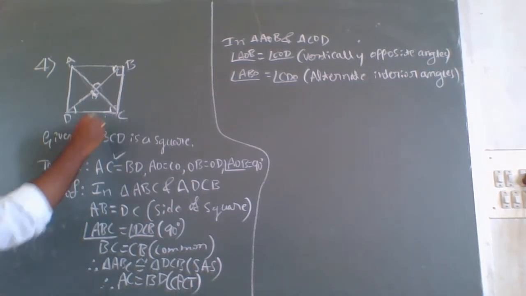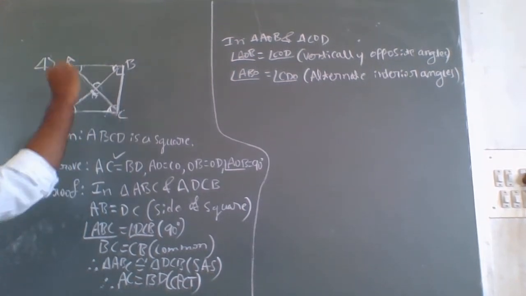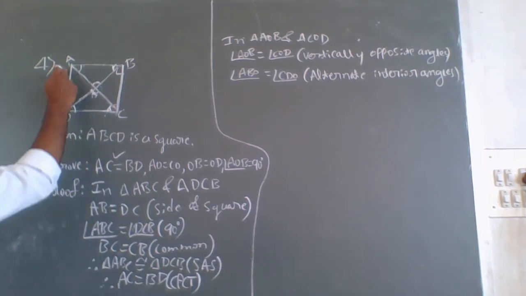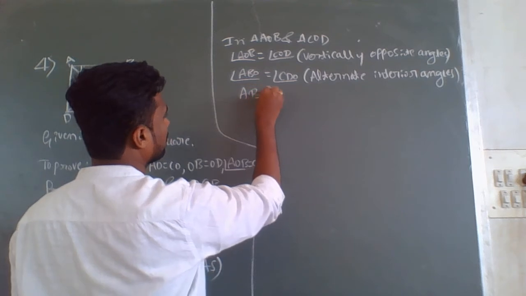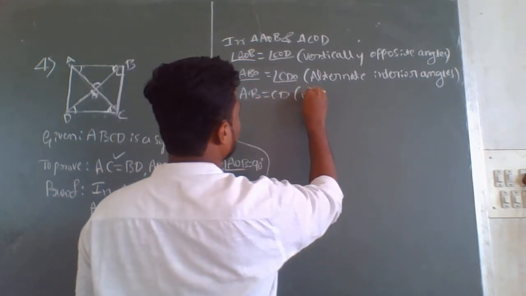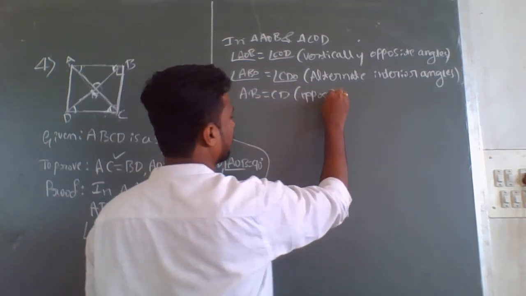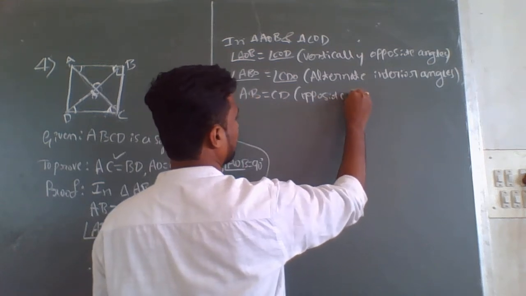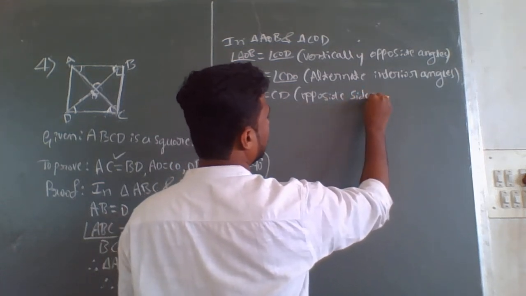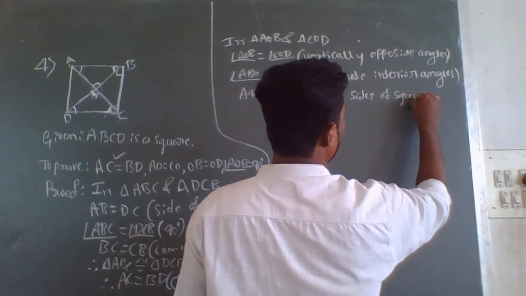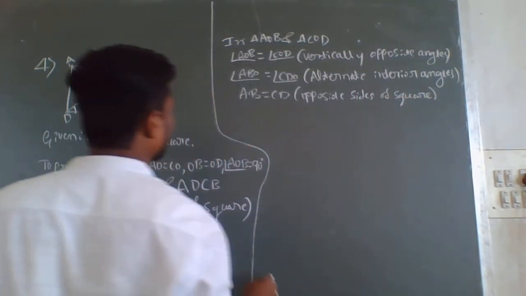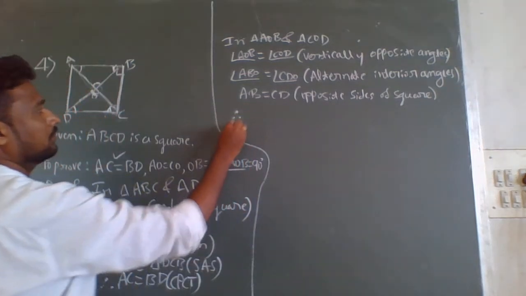Now you can write AB is equal to CD because opposite sides of a square are always equal. Therefore, what we can write here?